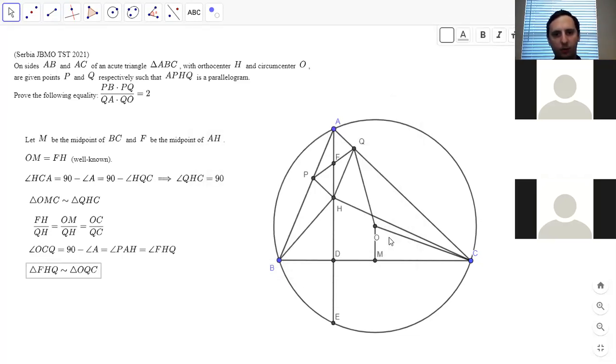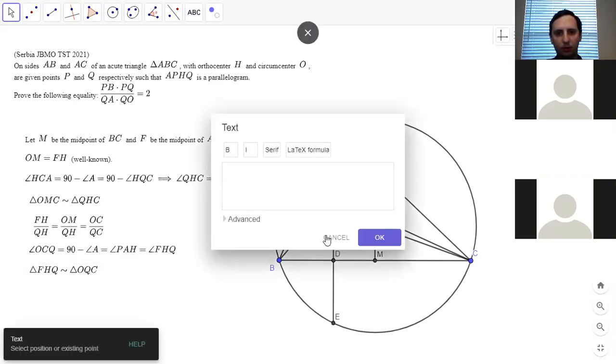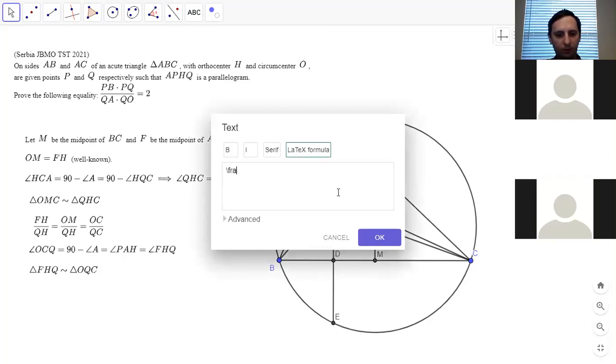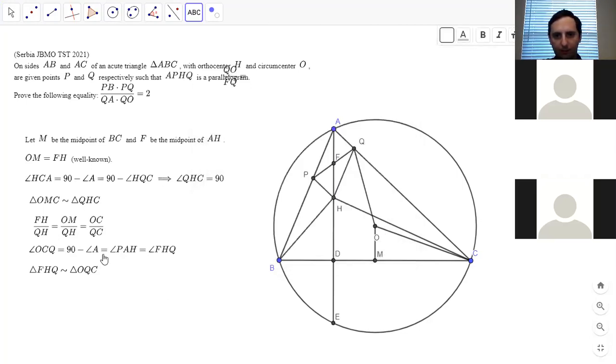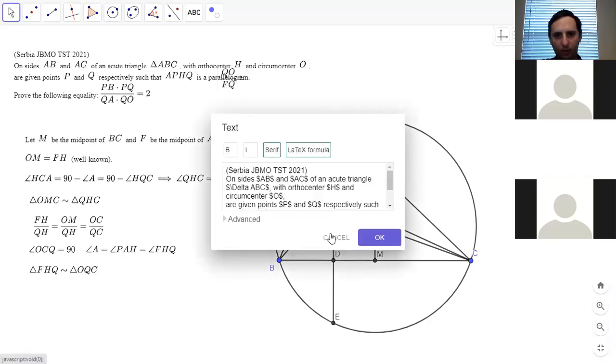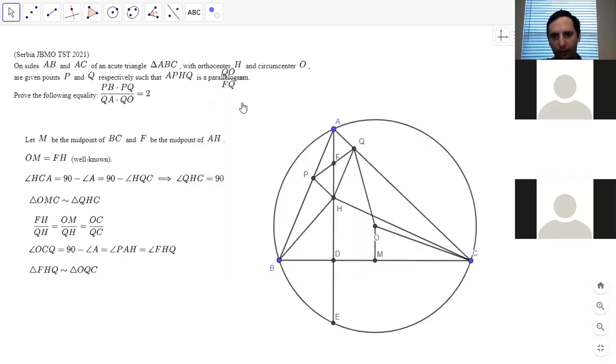So that means that QO over FQ, oh yeah, okay, so QO over FQ equals QC over QH. Oops, sorry, or OC over FH.